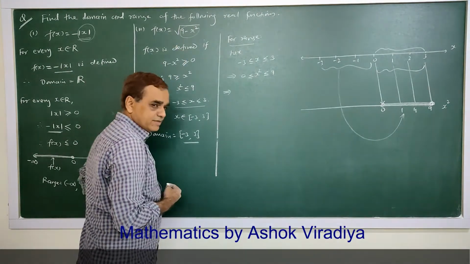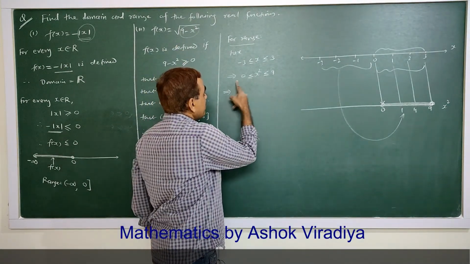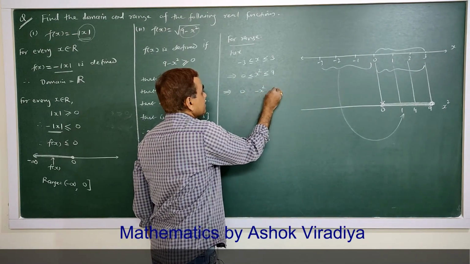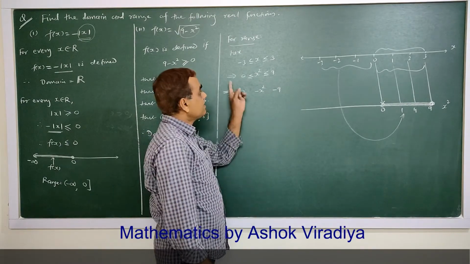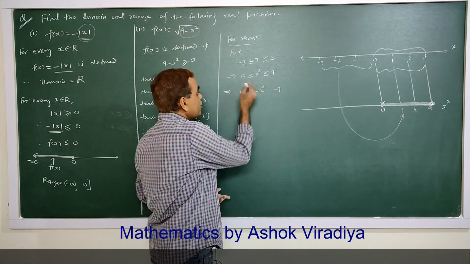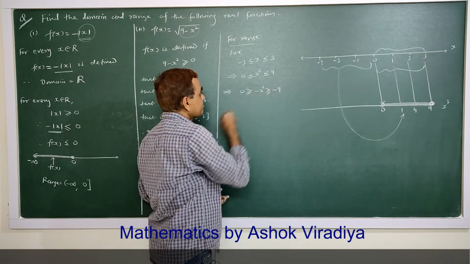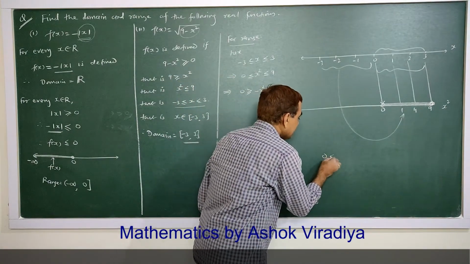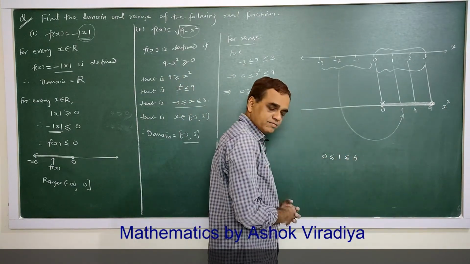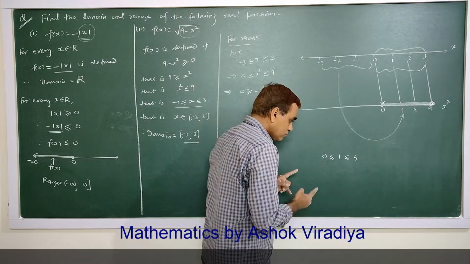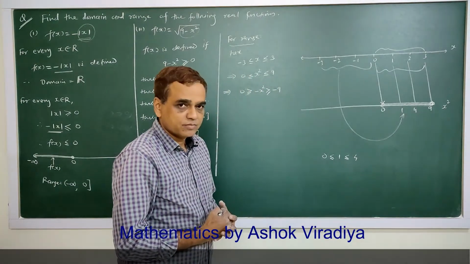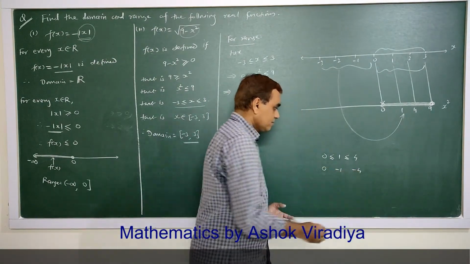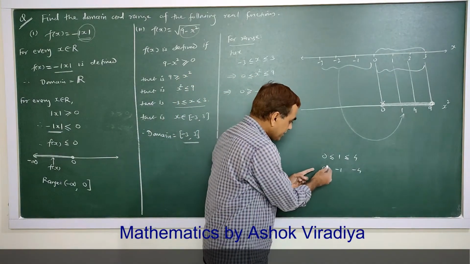Now assign minus sign. Now multiplying this by minus sign, whenever we multiply any inequality by minus sign, see, multiplying by minus 1, then the sign of inequality will be reversed. Suppose here I say 0 less than or equal to 1 less than or equal to 4. Now this is true. Now applying minus sign, see, the relation is reversed.